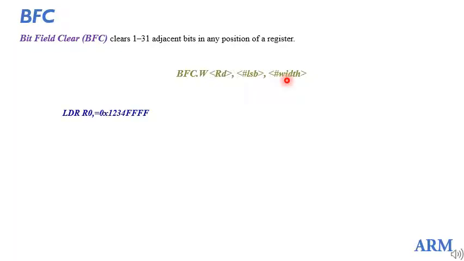Before going for the instruction, I want to load the register of our interest with a suitable value. So LDR R0 comma equal to 0x1234FFFF. So this instruction is going to load this 32-bit number into the register R0.